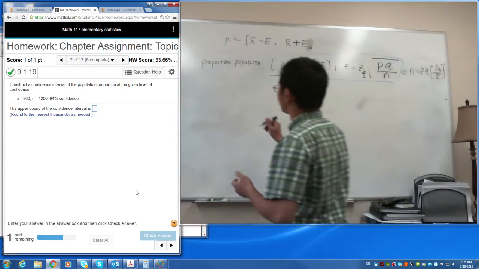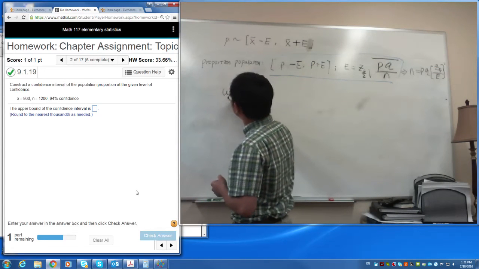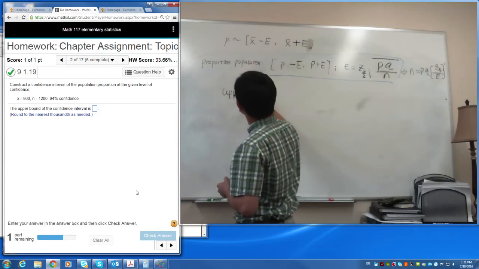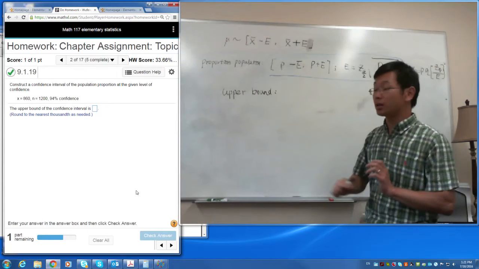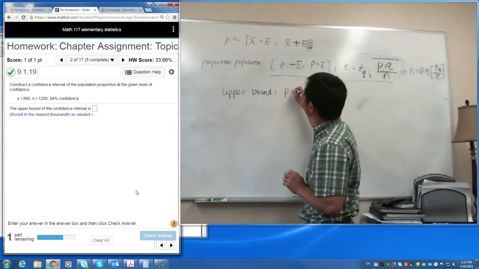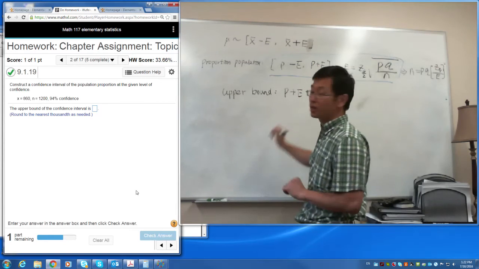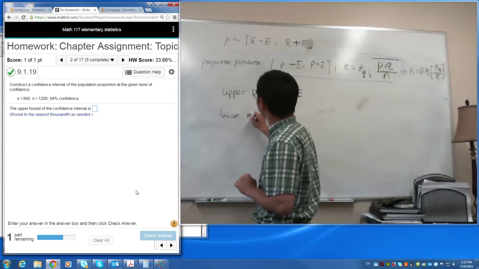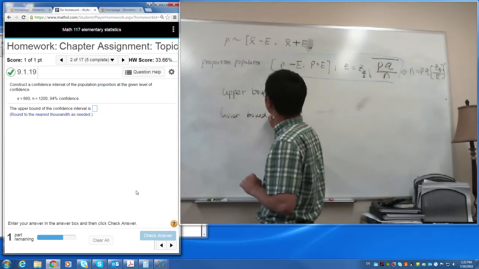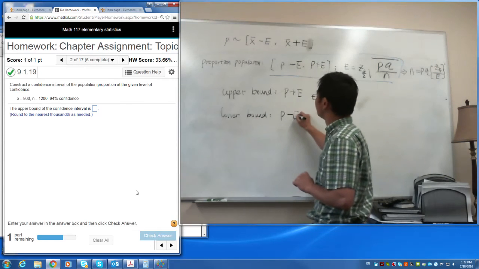What is the upper bound? Can you tell me what is the upper bound? We don't have a student here, right? Okay. So the upper bound is P plus E. And lower bound, for sure, I think it will ask you for sure, lower bound is P minus E.